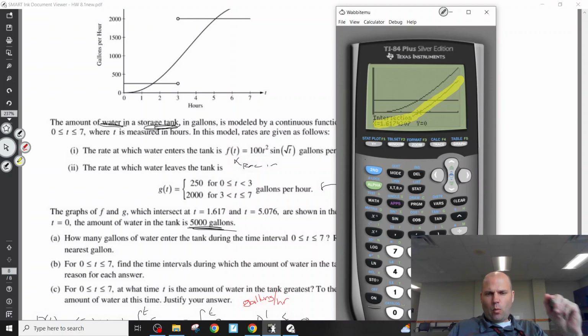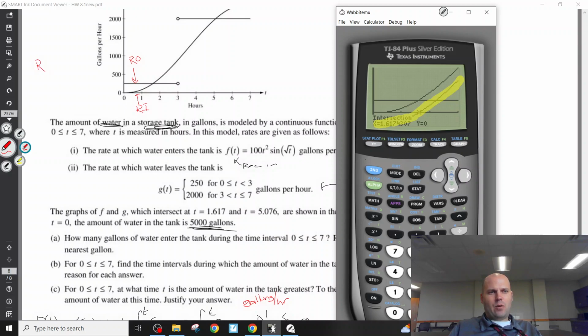Where do they intersect? 1.617. Oh, 1.617 is where they intersect. That is where P prime equals 0. You can kind of see, if you graph things separately, my rate out is larger than my rate in.